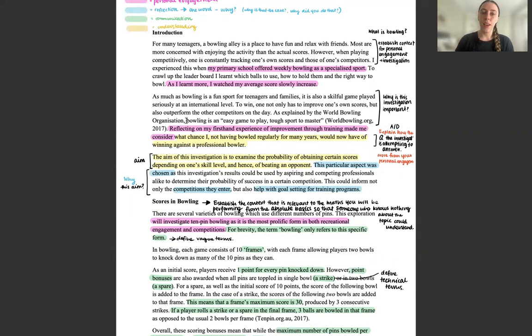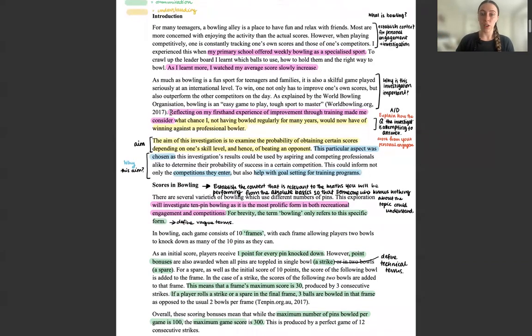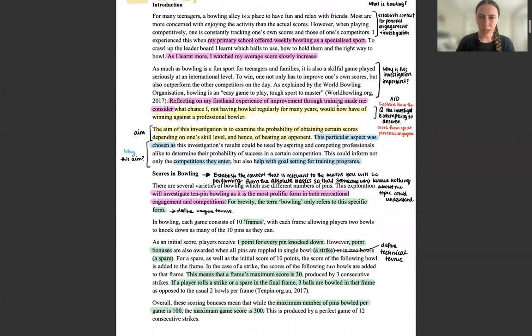Reflecting on my first-hand experience of improvement through training made me consider what chance I, not having bowled regularly for many years, would now have of winning against a professional bowler. This is the aim of my Maths IA. The central question of what probability would I have now.